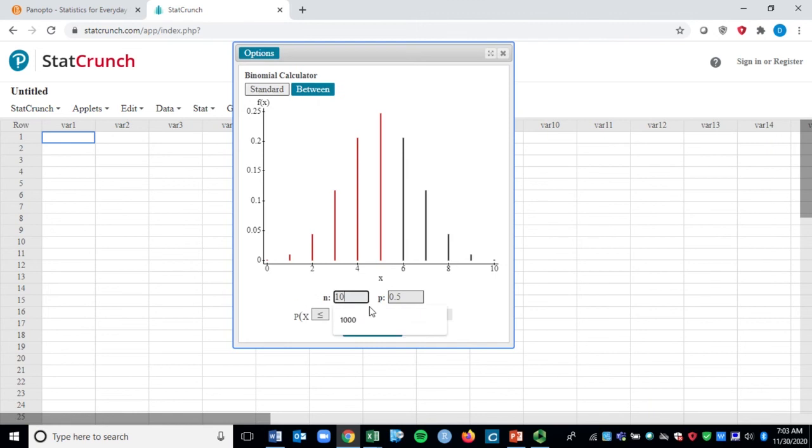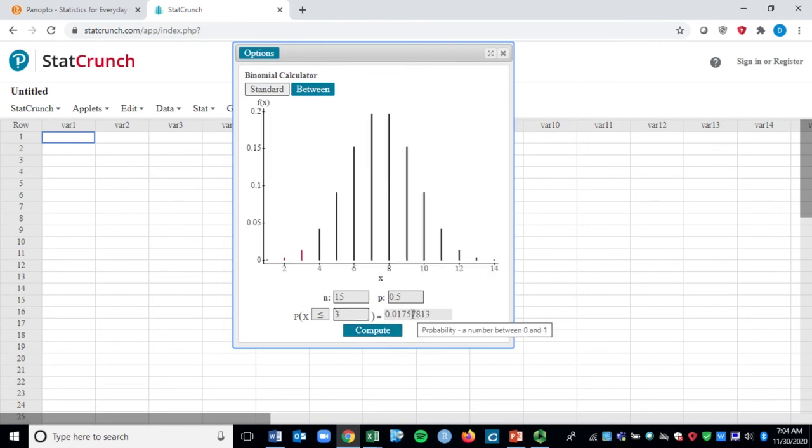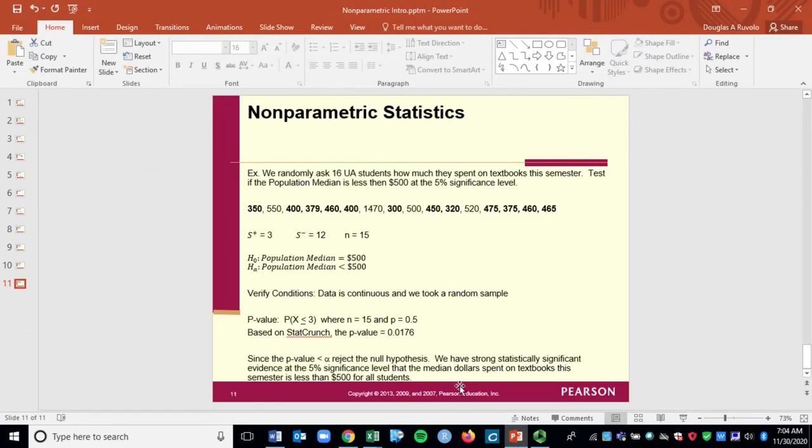And here we don't want an N of 1,000. We want an N of 15. We want a P of 0.5. And we're trying to figure out the probability that X is less than or equal to 3. What do we get for a p-value? I got here 0.0176. So notice I have the p-value right there.